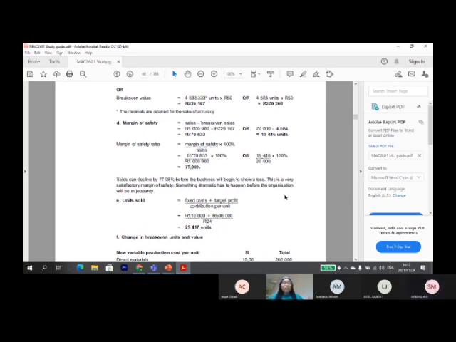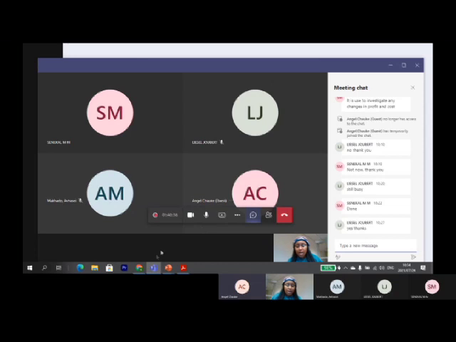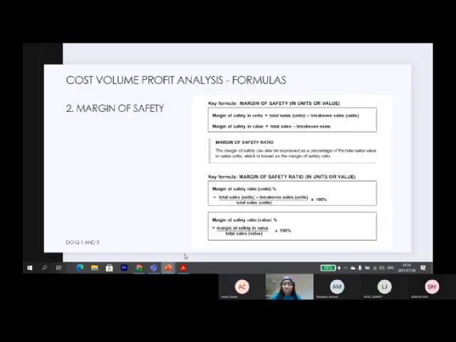I'm just saying, for it to happen, something dramatic like the looting that just happened should be maybe your cost of loss of sales. Do you guys get it? If I have a 77% margin for it to become a loss, that means that I'm doing well. I'm still within a good range to say that something hectic or dramatic has to happen to jeopardize my sales. So I'm still good if you think of it.